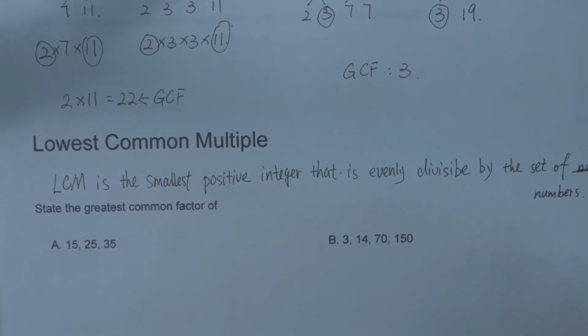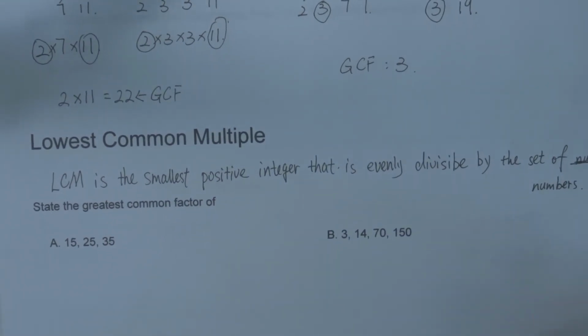Okay, let's look at two examples. The first one is 15, 25, and 35.